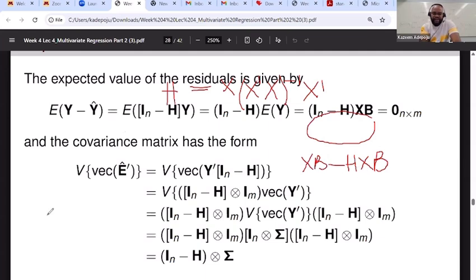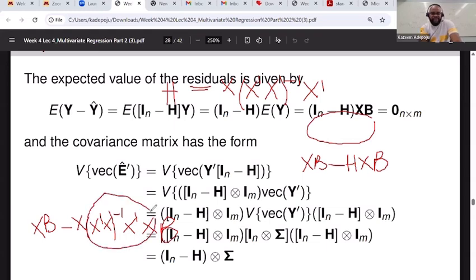If I write Xβ minus H Xβ, and my H is X, X transpose X, inverse, X transpose, the hat matrix, and I write Xβ, automatically this part is going to be identity.